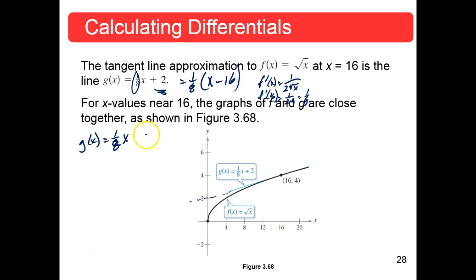That's where it's coming from. So that would be 1/8 x minus 2. Whoa, why isn't it? It's a plus 2. Why is it a plus? Oh yeah, the delta, okay. That seems like it's always minus. That's where it's coming from.